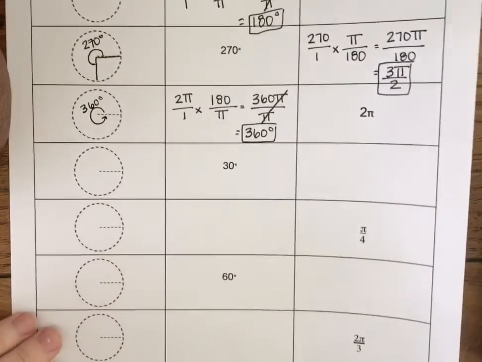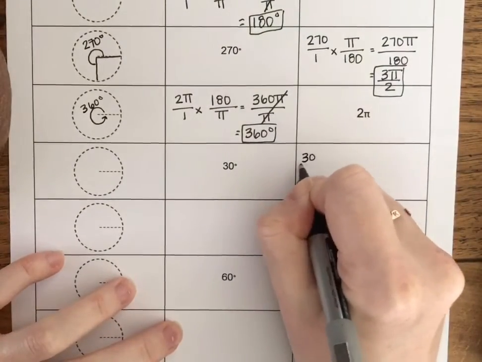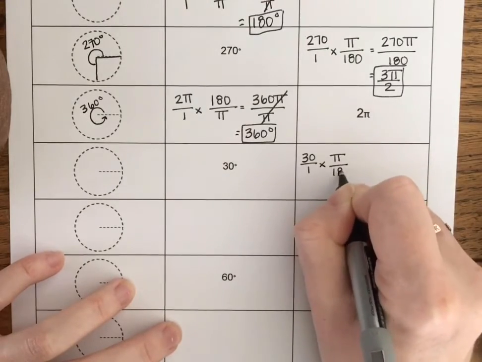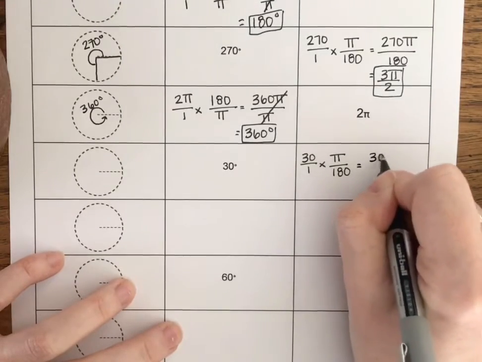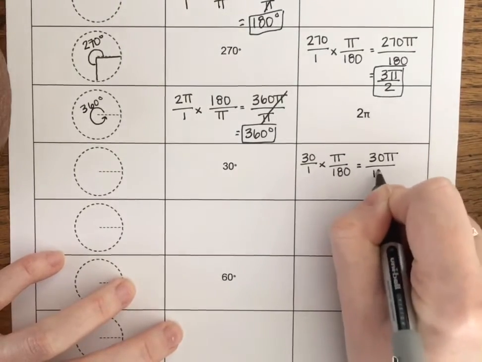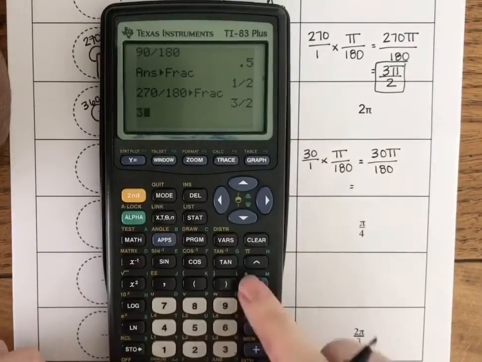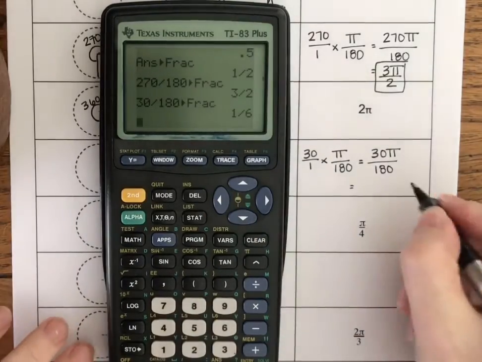So 30 degrees, if I'm changing this to radians, 30 over 1 times pi over 180 gives me 30 pi over 180, which simplifies to 30 over 180, math, enter, enter, 1 over 6.